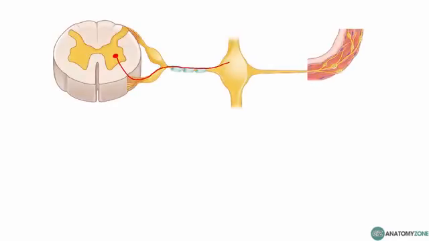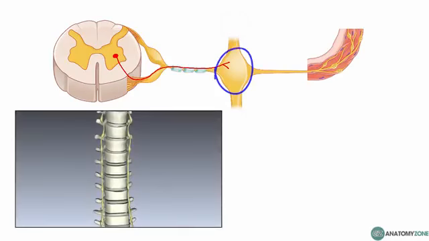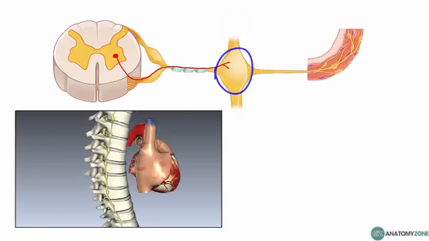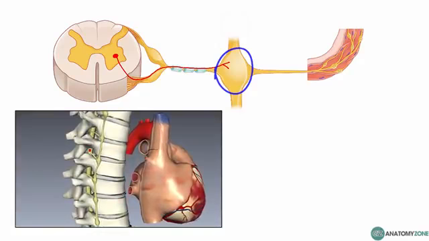So I've just drawn on a preganglionic axon here again in red, and if we imagine that this ganglion here is representative of the paravertebral ganglia, so a ganglion within the sympathetic chain, this would be located just adjacent to the vertebral column. So the preganglionic neuron in this case would be very short. The postganglionic neuron would then extend from the side of the vertebral column to the target organ. So the postganglionic neuron is relatively long.